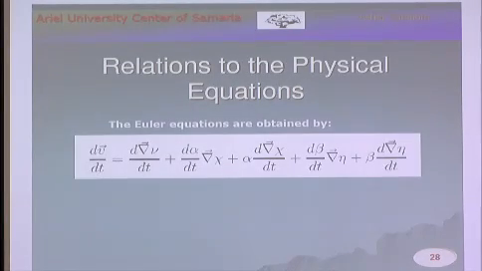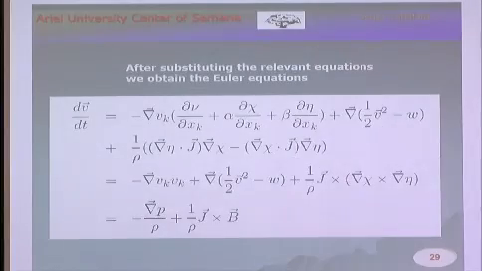Now, let's look at the material derivative of V. So you have a set of terms that you have to take the derivative of, and you need to use the equations you got for all those quantities, nu, alpha, beta, chi, and eta. And if you plug everything in, then after a few lines, you get your Euler equation back.